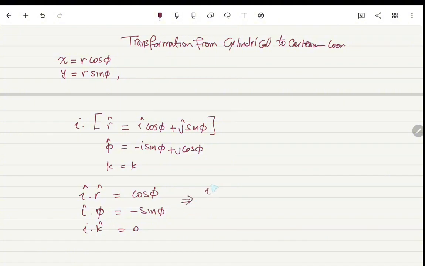Therefore, i hat equal to r hat cosine phi minus phi hat sine phi. If we follow the same procedure, we can find j hat equal to r hat sine phi plus phi hat cosine phi, and again k hat does not change at all.